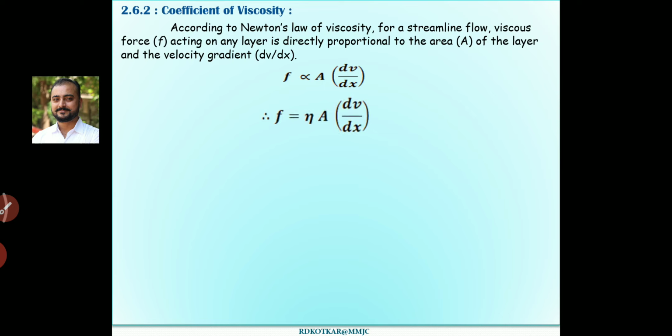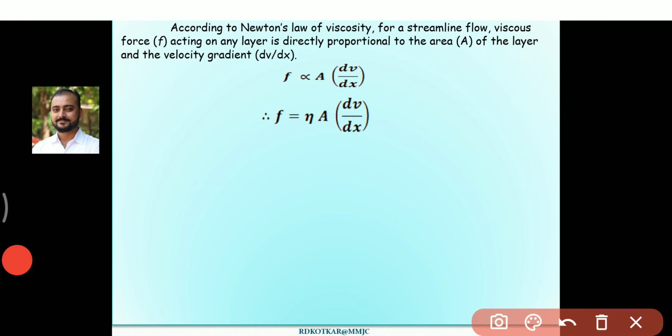Therefore, removing the proportionality sign and putting the equal sign, we have to consider a constant, say eta. This constant used here is called eta.